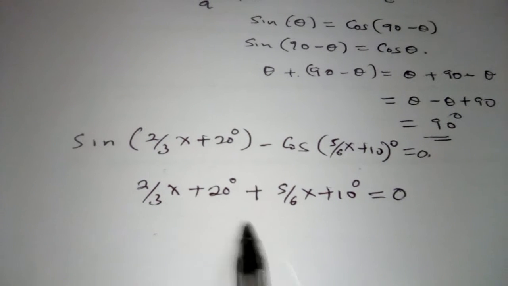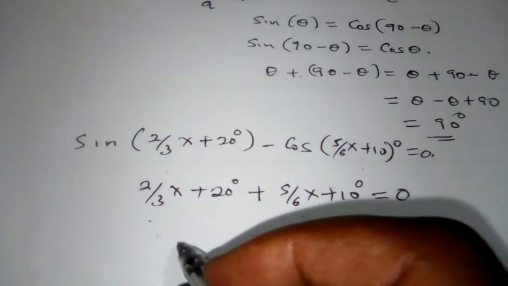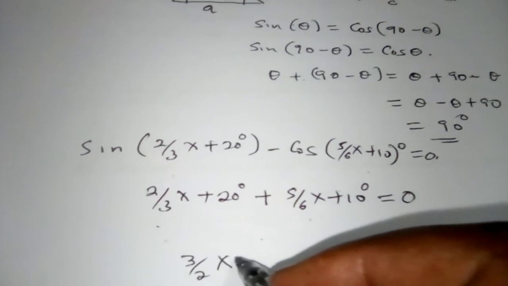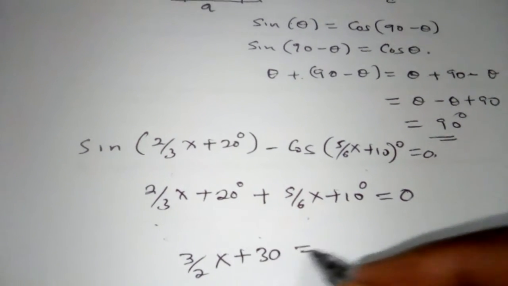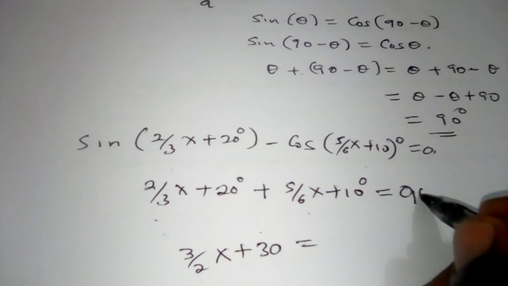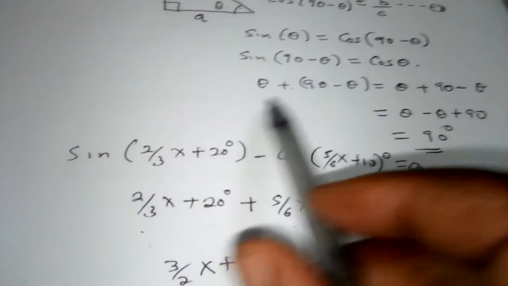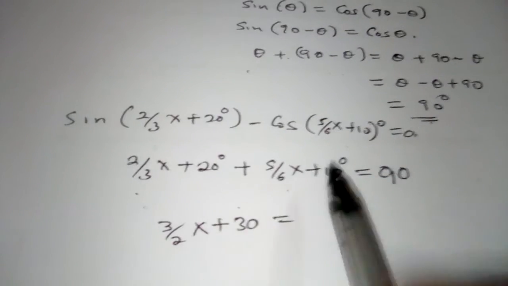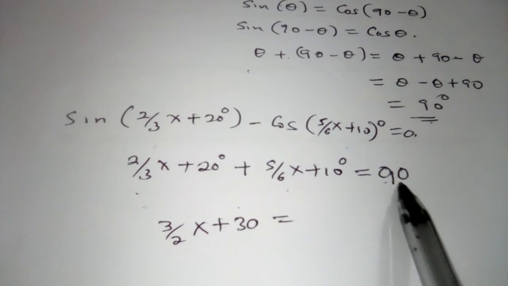Taking the like terms together, this gives me 3/2 x plus 30 degrees equals, so you're not supposed to say 0 here, you're supposed to say 90 degrees, because we confirmed that both acute angles add up to 90. That's the previous fact, so I apologize for having written 0 instead of 90 degrees.